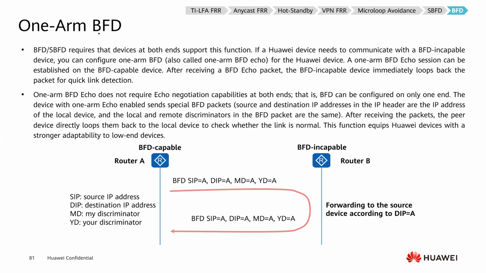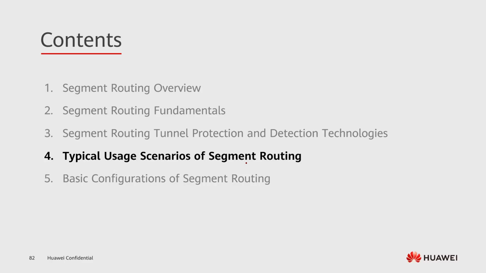As we said, SBFD is similar to one-arm BFD. Actually, it is similar, so if you want to use one-arm BFD in SR, that is also okay. Okay, so this is segment routing tunnel protection and detection technology.